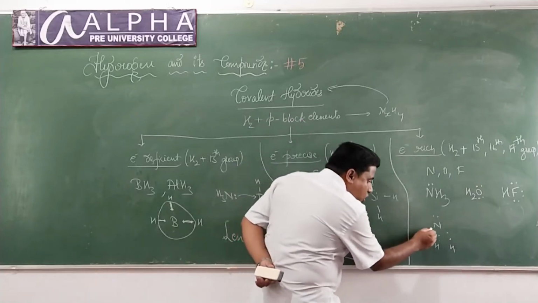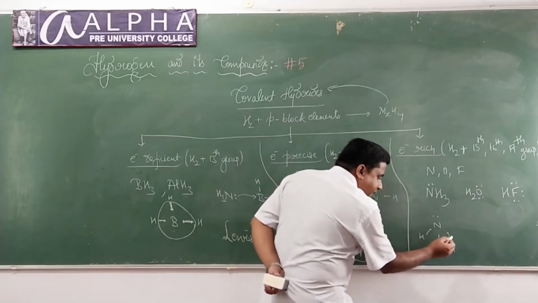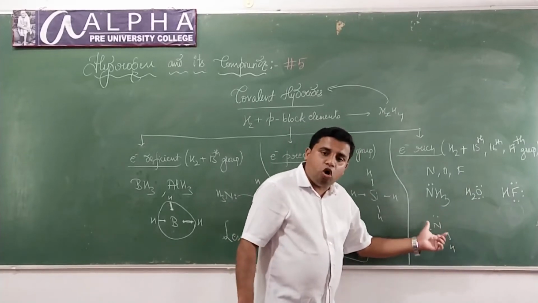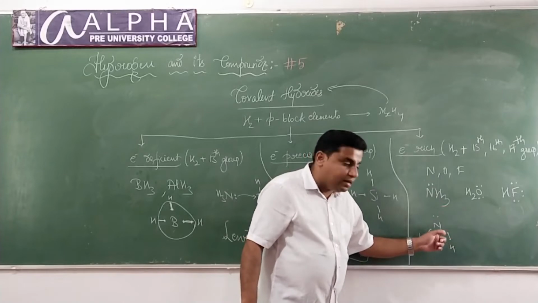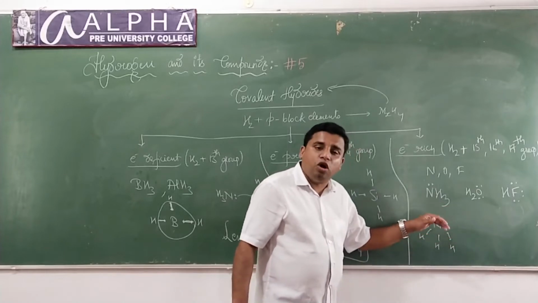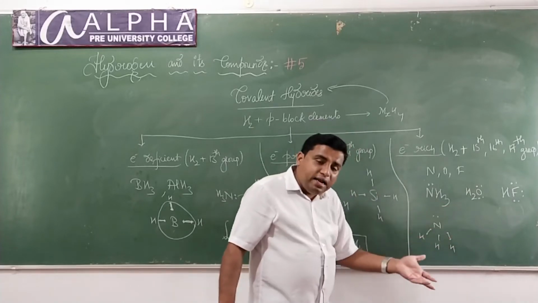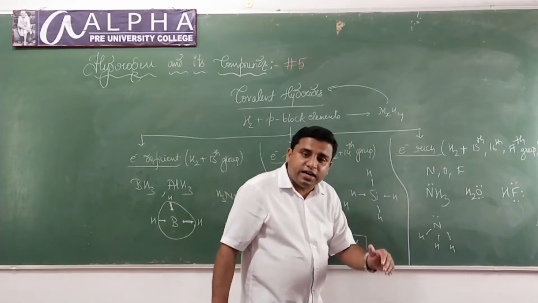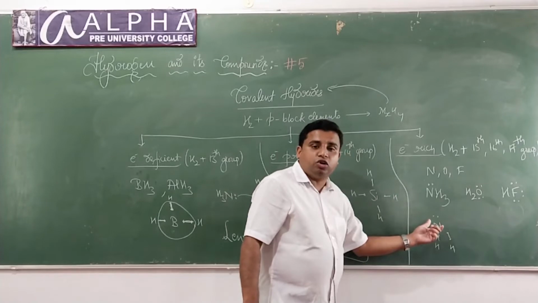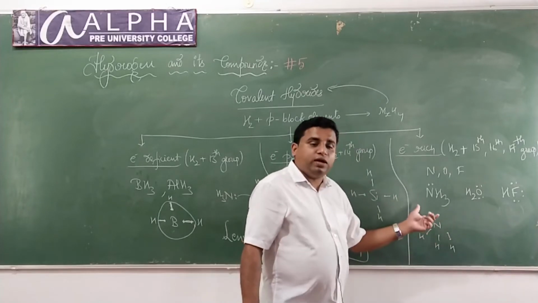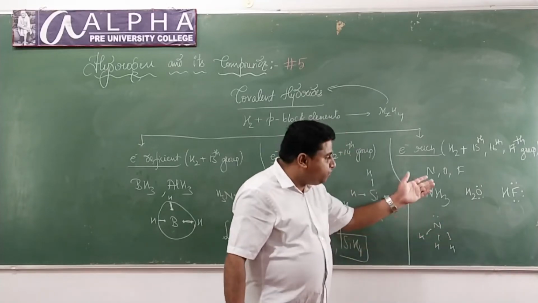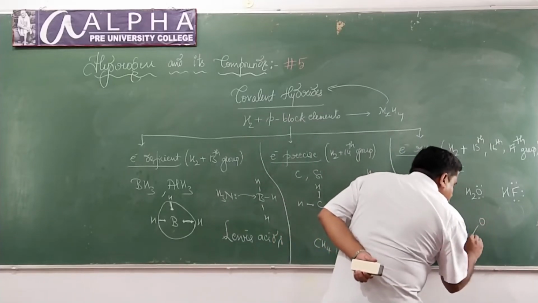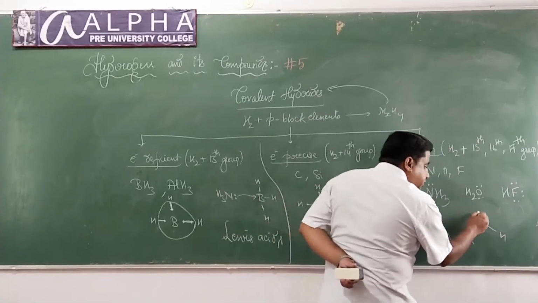Even though the octet of nitrogen is complete, these electrons are available for donation. Hence, nitrogen becomes electron rich. It is ready to donate these 2 electrons.